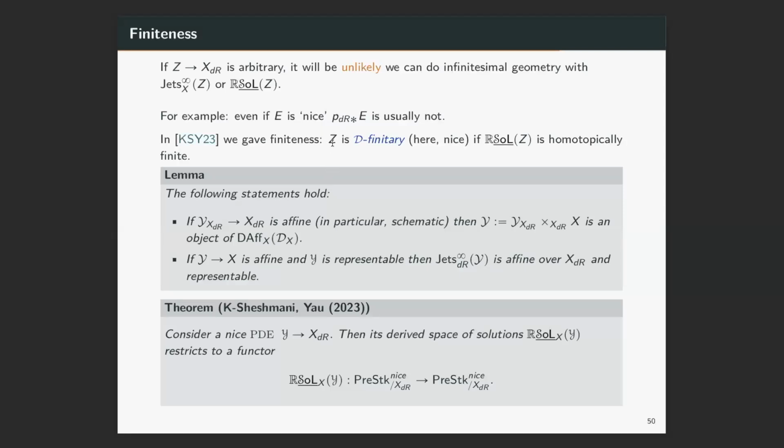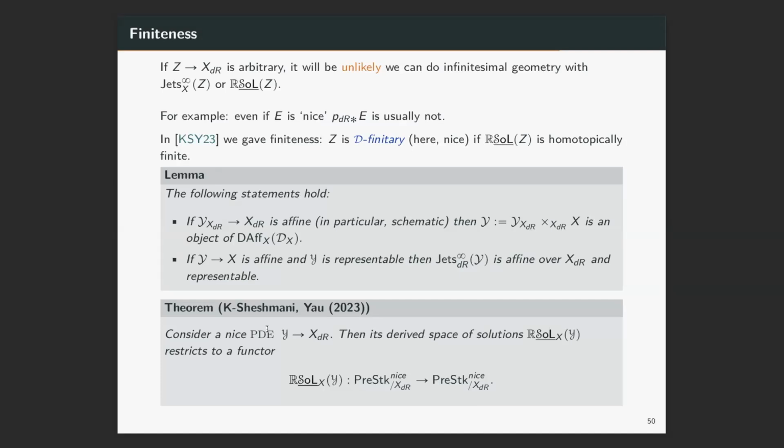What we want is that the solution space that we are interested in doing formal geometry of, and working with these derived moduli spaces of solutions, this is the one that has the nice properties. And so you can prove that with these assumptions it indeed restricts between these nice categories.